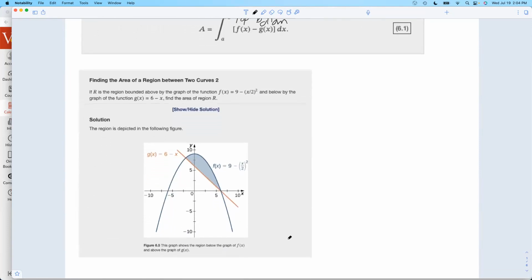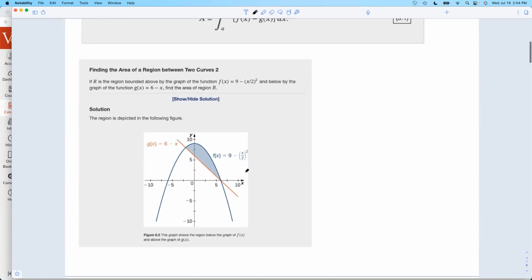Okay, so here's a good example. I want the area bounded in between these two functions. So notice they didn't tell me my a and b. They didn't say start here and end here. They just said, figure it out. What's the region of integration here? I'm going to have to figure out my a and my b based on where these two graphs intersect.